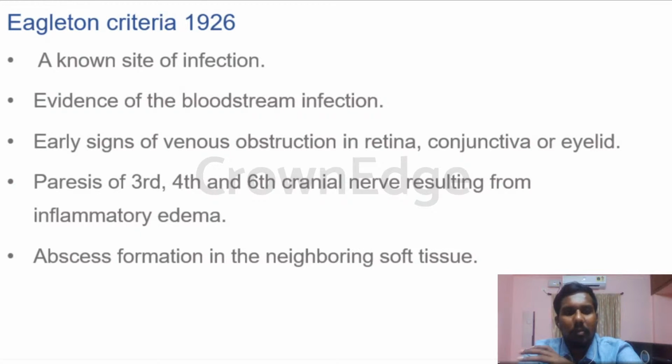Okay, so there will be a site of infection. There will be evidence of bloodstream infection. There may be venous obstruction in the retina, conjunctiva, or the eyelid, or there can be paralysis of the third, fourth, and sixth cranial nerves and abscess formation in the neighboring soft tissues. Okay, so everyone clear with Eagleton's criteria, right?